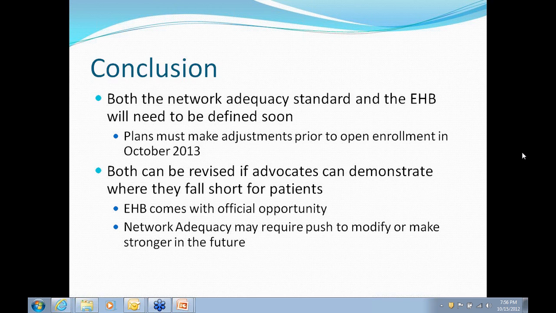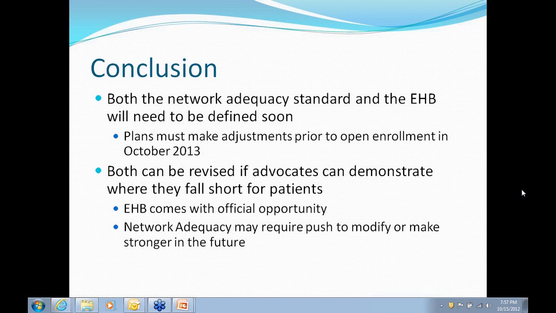If nothing else, that is one message that you can take to your state to make sure that you have consumer protections in there to make sure that somebody is held accountable for what happens in the actual insurance marketplace.